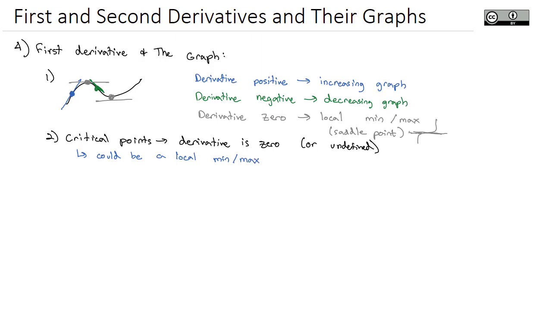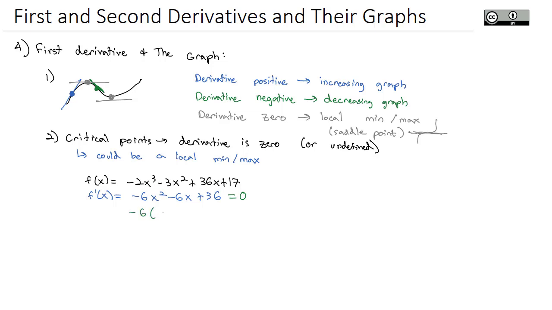So for example, if I had the function f of x equals negative 2x cubed minus 3x squared plus 36x plus 17, if we want to know where these critical points are, the potential minimum and maximum points, we can take the derivative of the function, which would be negative 6x squared minus 6x plus 36. And then we can set it equal to 0, which we can solve by factoring.